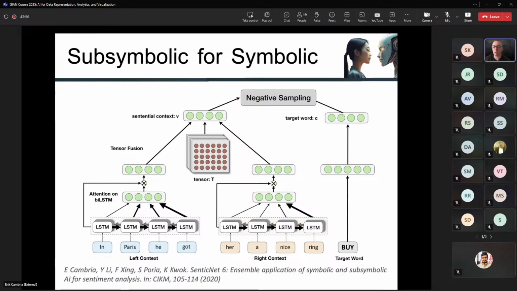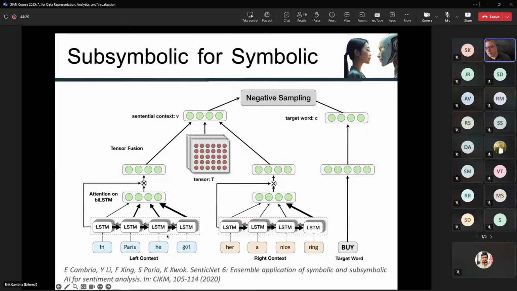And that's what we did four or five years back with SenticNet, version number 6. Here we were also looking at verb concepts like buy, for example. Back then, we weren't using transformers much yet, so we were still focusing on recurrent neural networks.